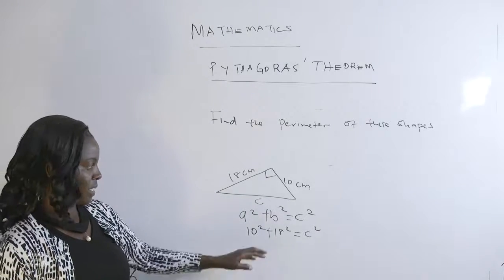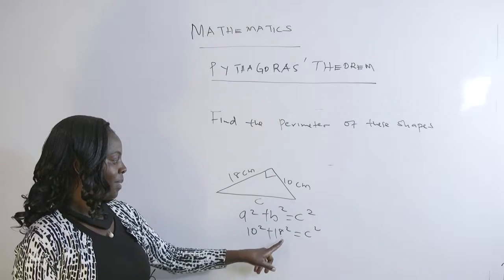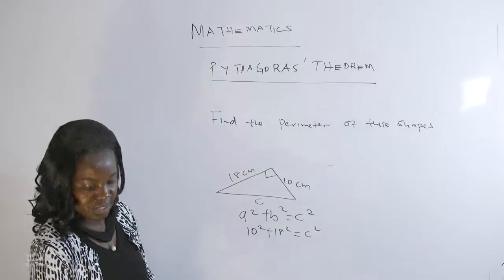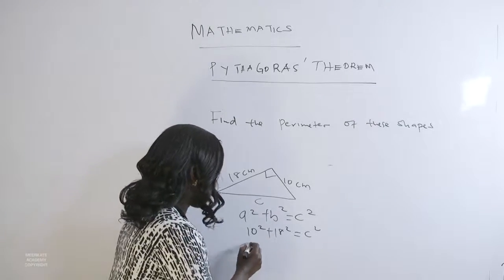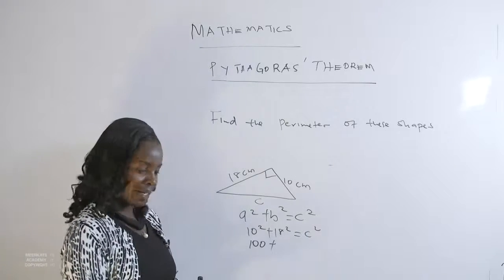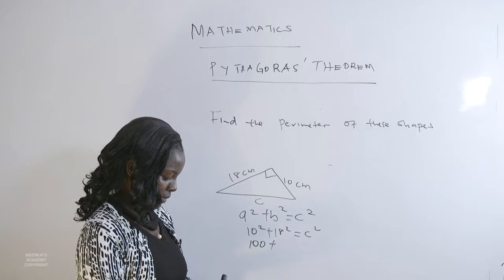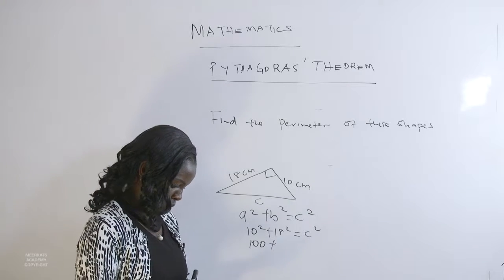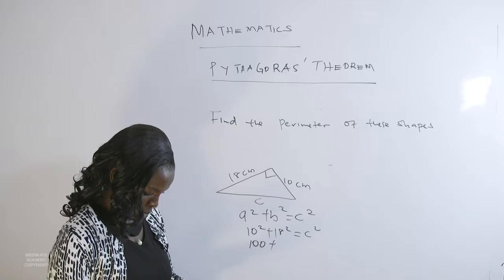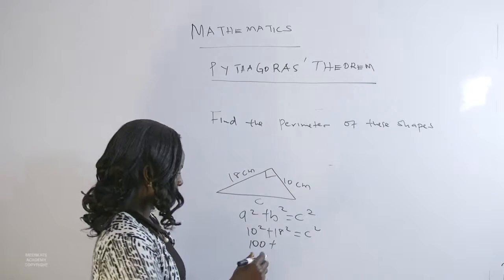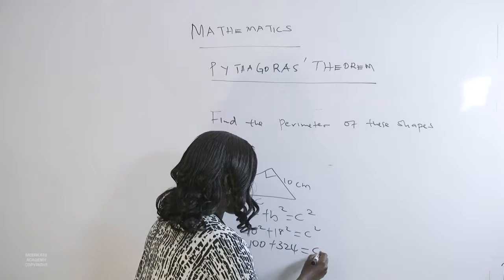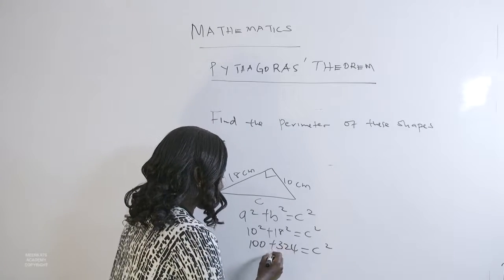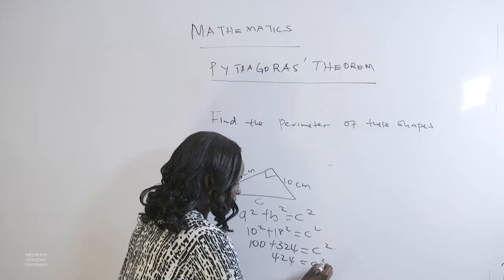If we substitute in our equation, we have 10 squared plus 18 squared, which will give us the value of c squared. 10 squared is 100. 18 squared is 324. If we add them, that will amount to c squared. So if we add this and this, we have 424, which is c squared.